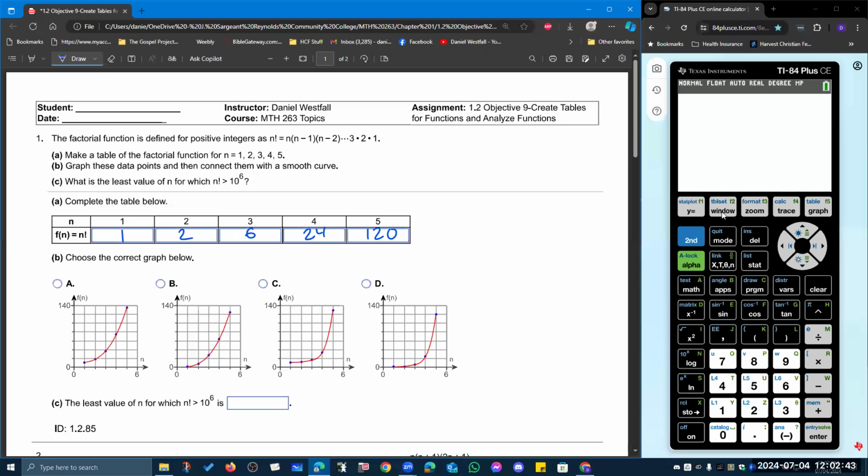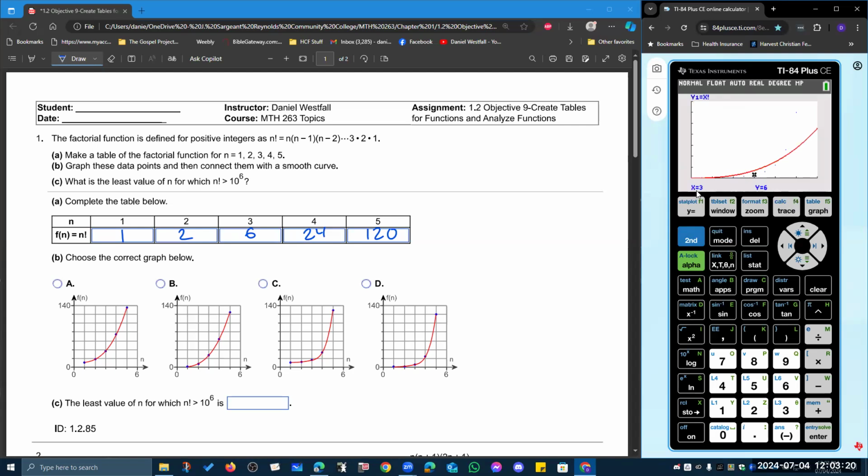So if we are to graph x factorial from 0 to 6 and 0 to 140, it's only going to have some points on the graph there. So there it is. That's actually my y2. Let's turn that off for a second. So let's trace.